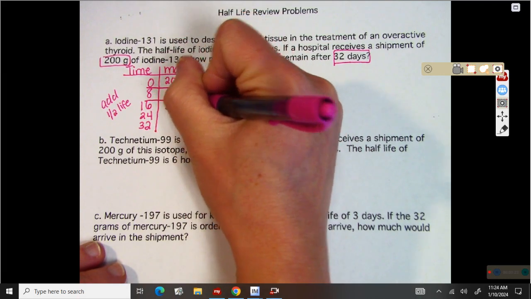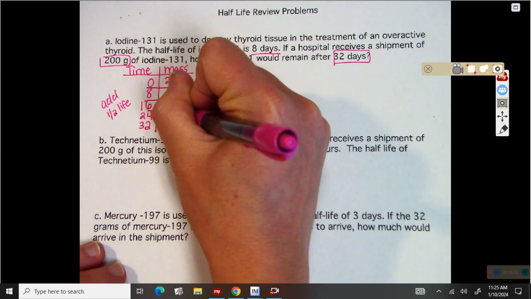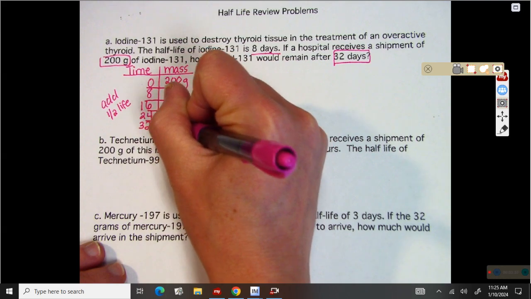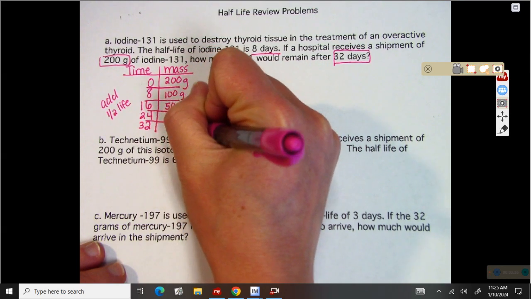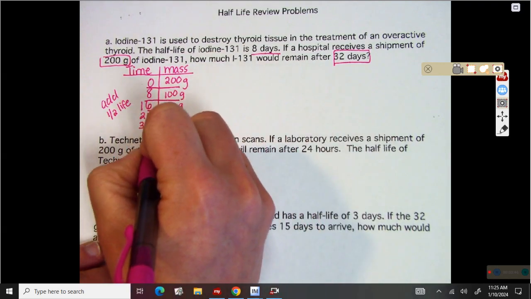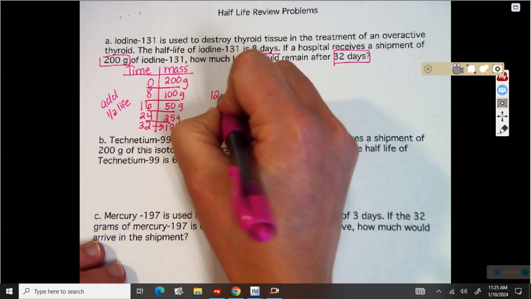See, I'm dividing by 2. Then we divide by 2 again. After another half-life, we have 25 grams. And after another half-life, we have 12.5 grams left. So it says how much would remain after 32 days? At 32 days, we have 12.5 grams remaining.